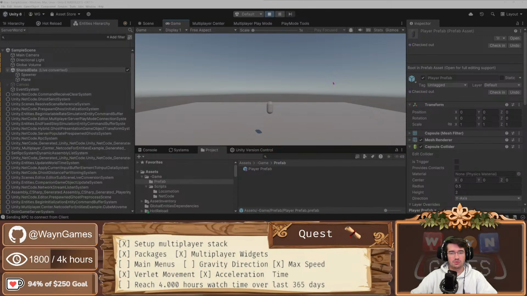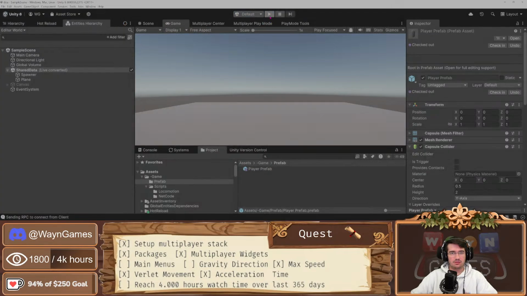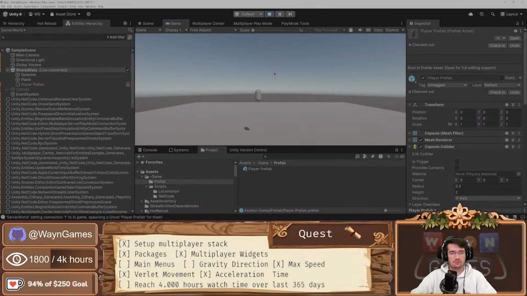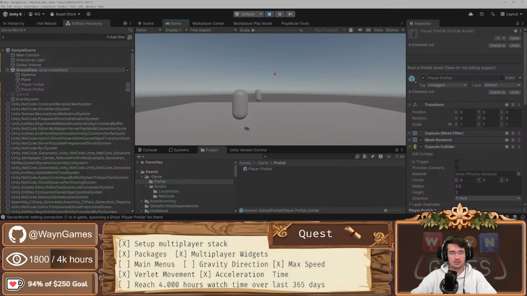No, that's not working. But I'm still having a bug, so let's... Backward and forward are still working. Left and right are not.